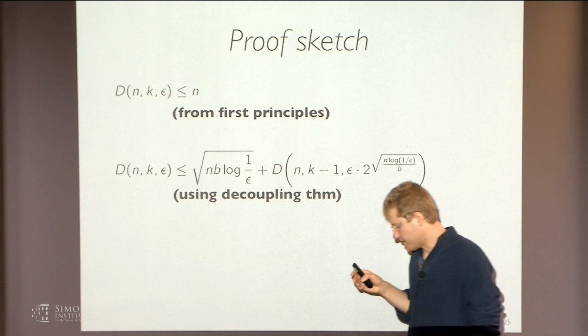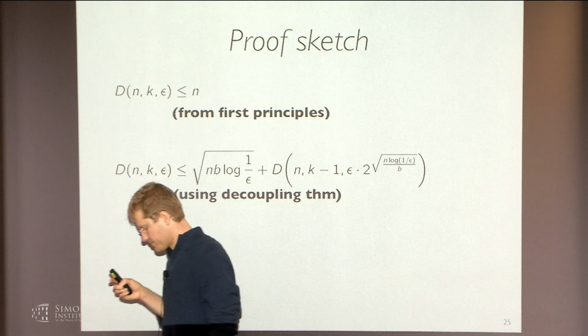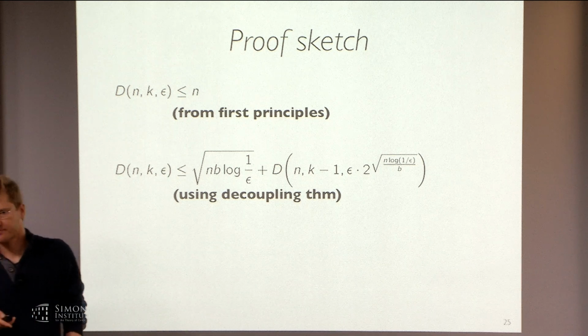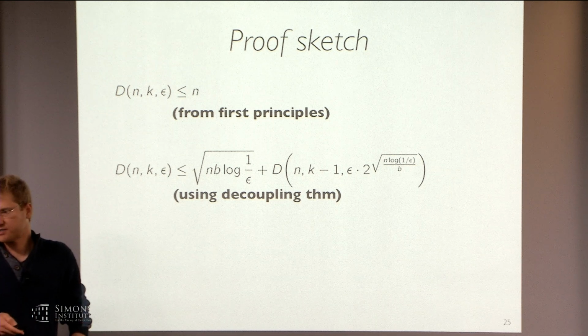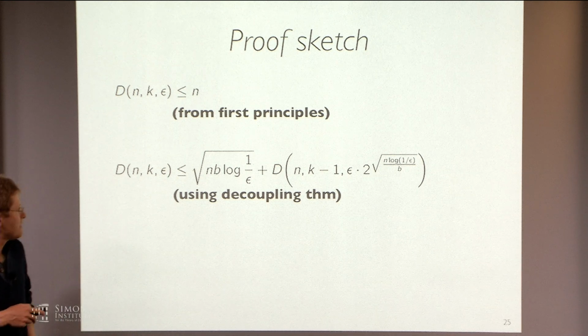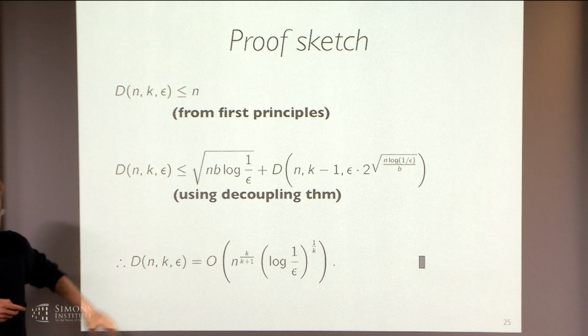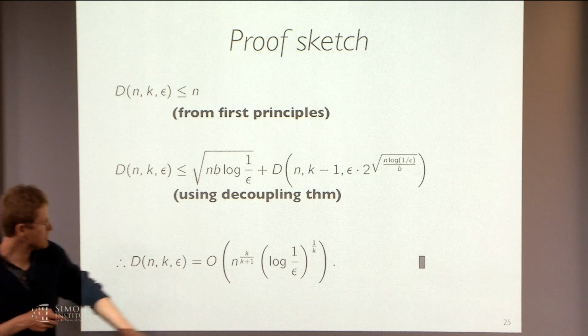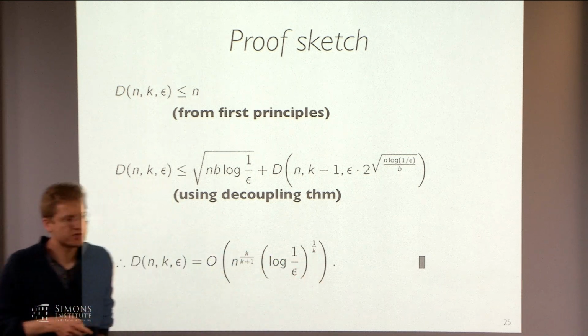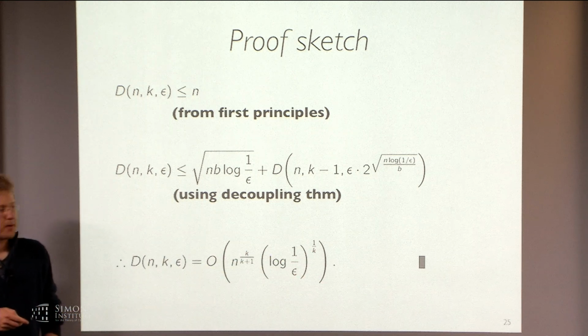There's a slight technicality there where you have to deal with negations, but that can be taken care of. Okay, so when you solve this recurrence, you get this expression, which is the claimed upper bound. Here it should be k plus 1.